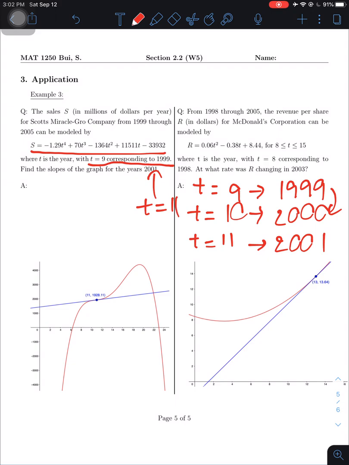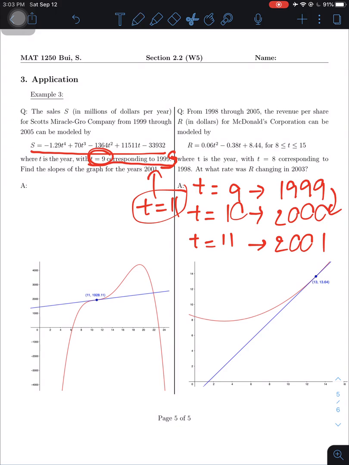Okay, and I mean, if you're lazy, if you don't want to do it that way, well, you can just find the difference between 2001 and 1999. If you put into the calculator 2001 minus 1999, you're gonna get a 2, right? And on top of that, you have a 9 to start with. So 2 plus 9, you're gonna end up with 11 in here. Okay, so that's 2 ways to figure out the t value in there.